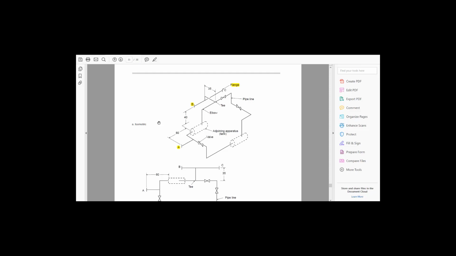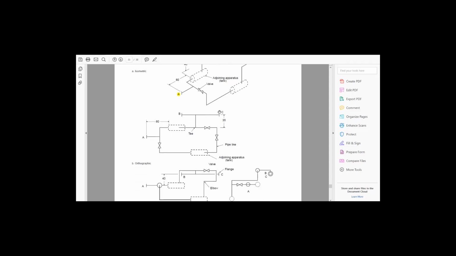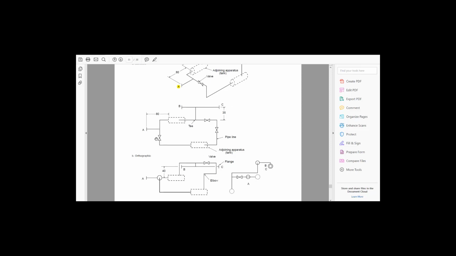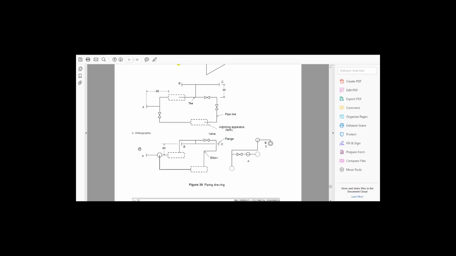So you may see isometric single line, and that isometric single line is represented in orthographic projection. Again, this is just basic orthographic projection, looking from the top, looking from the front right here, so front, top, and again the side.